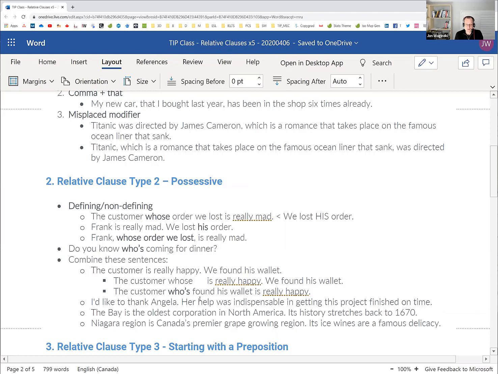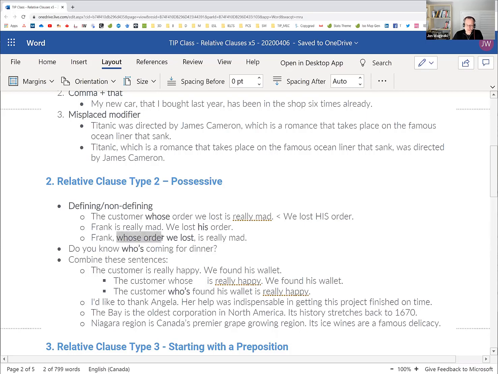Try again, Safa. Generally, look at this pattern here. It's his wallet, right? His order.